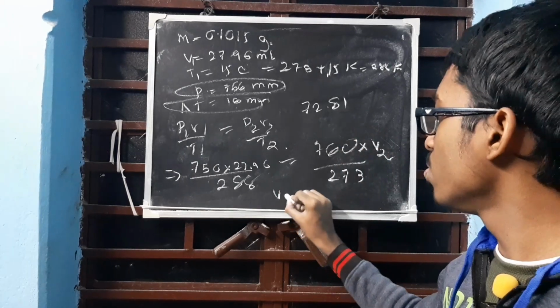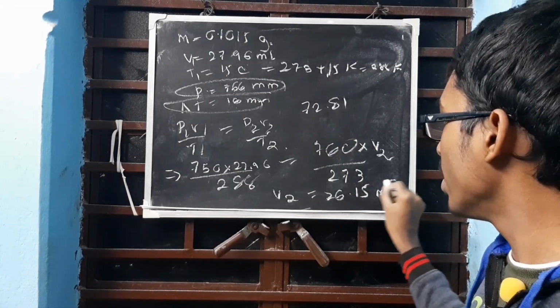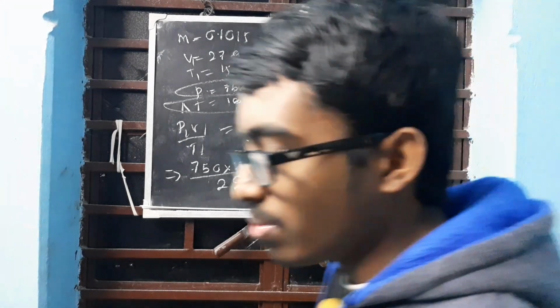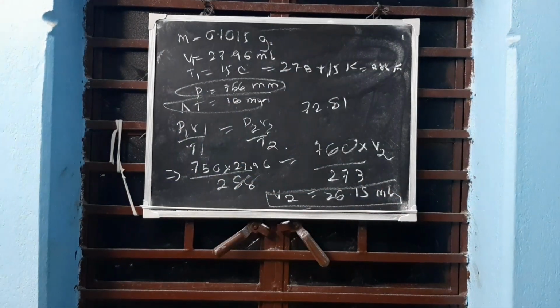So V2 has come as 26.15 ml. After calculation, we have got V2 as 26.15 ml.